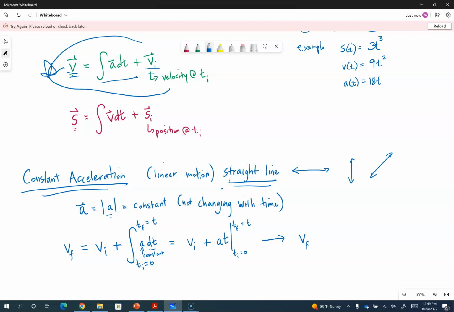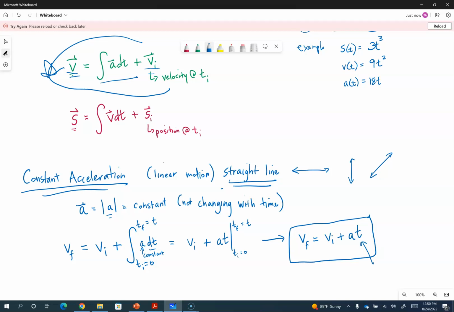The final velocity of an object that's moving with a constant acceleration will depend on its initial velocity, the acceleration it is experiencing, and how long the object has been in motion. This is the equation describing the velocity of an object moving with a constant acceleration. We can put any moment in time in that we want. If we want to know the velocity after 40 seconds, we put in 40 seconds.